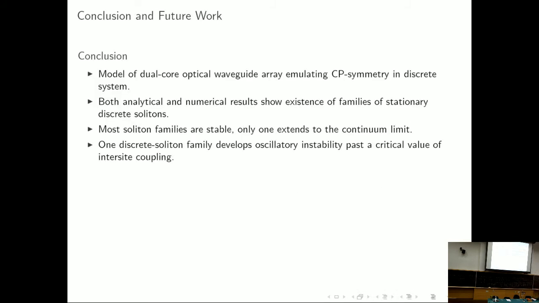Okay, so I think I'll finish up. What we have considered is the application of this model in optics, for a waveguide array emulating charge-parity symmetry in a discrete system. We attempted both semi-analytical and numerical approaches, and showed some families of discrete solitons.